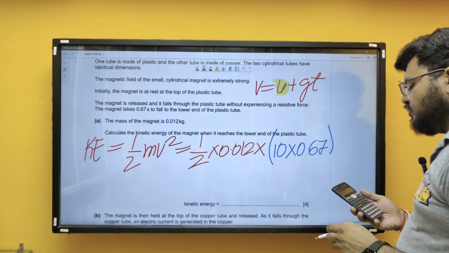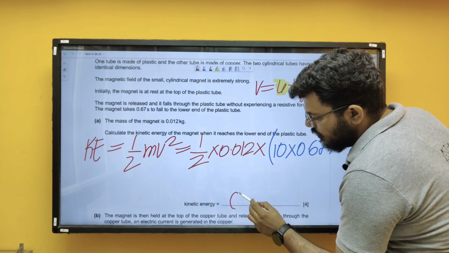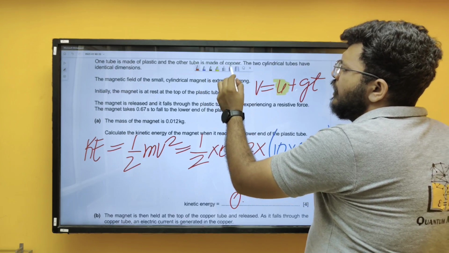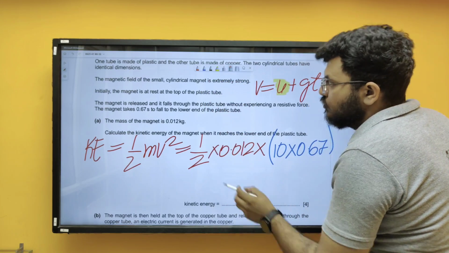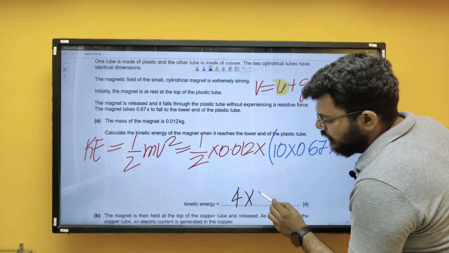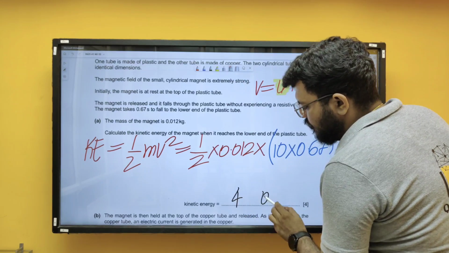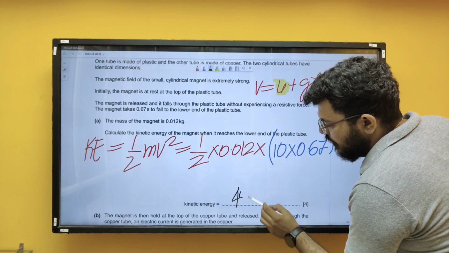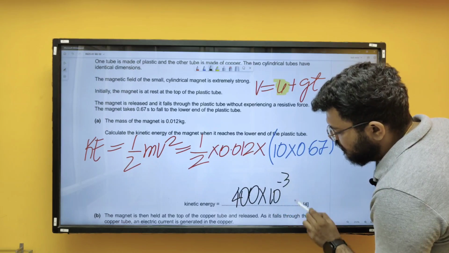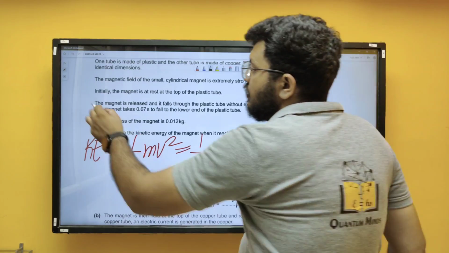So you have 0.0402 joules, or I can write 400 millijoules. Not 4, I must write 400 into 10 to the power minus 3 joules. Okay, that is your answer here.